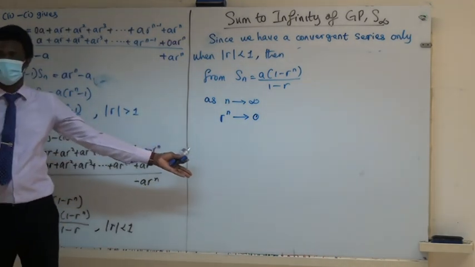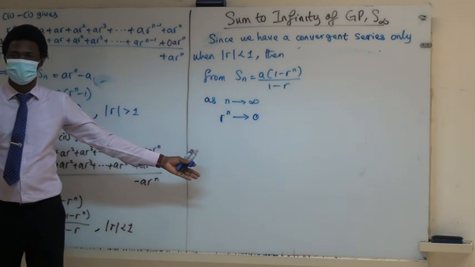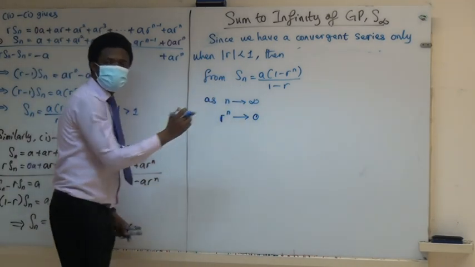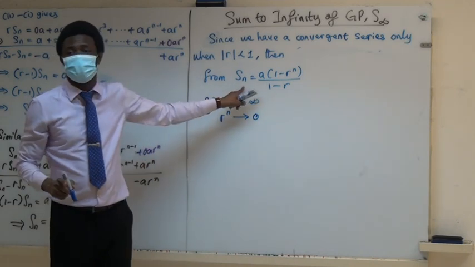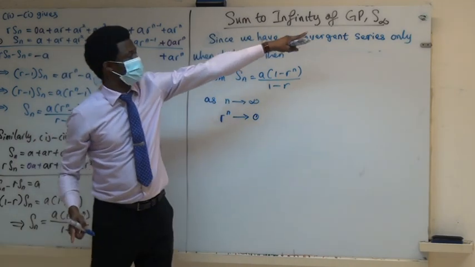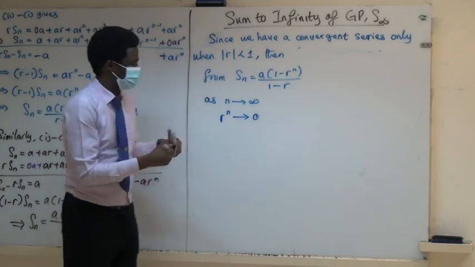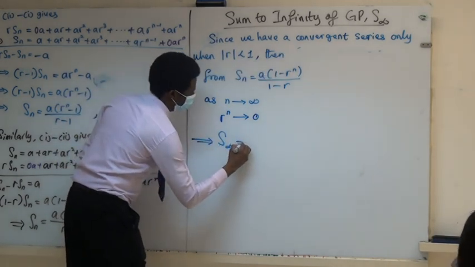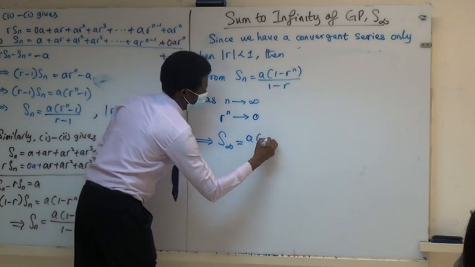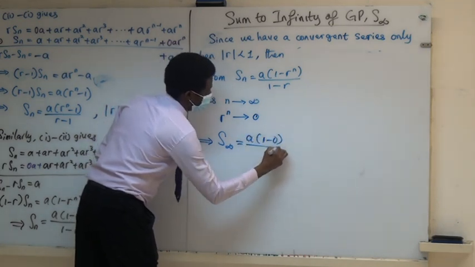That's your investigation. So in that case, the sum in this situation is not Sn anymore. It's sum to infinity, and that is the symbol, S infinity. So this implies that our S infinity will become a(1 minus 0) divided by 1 minus r.